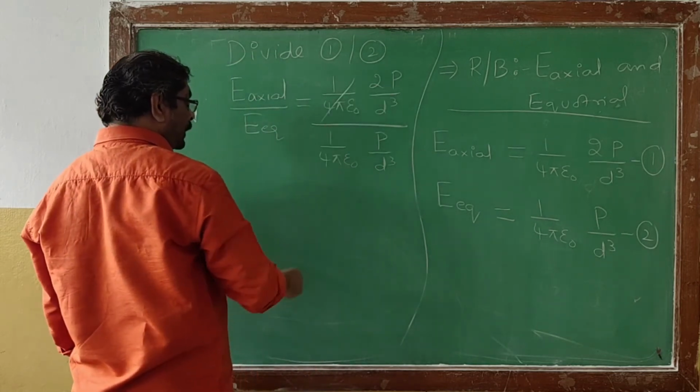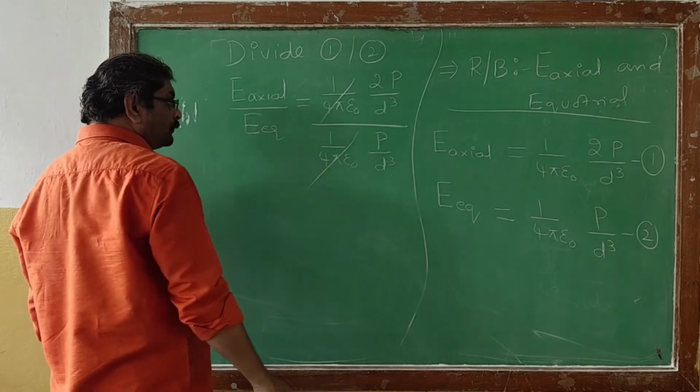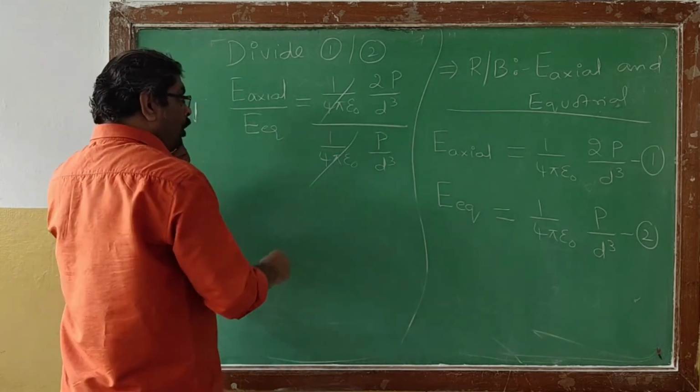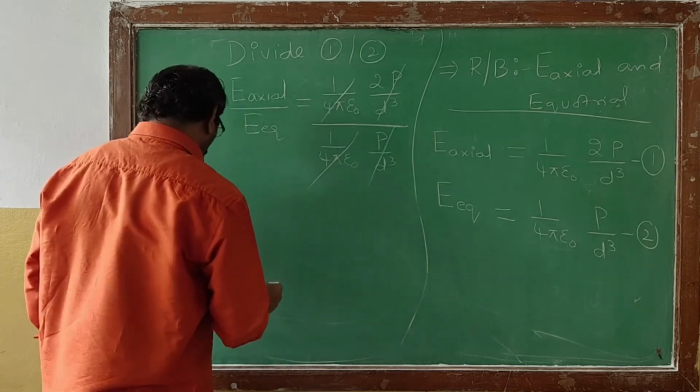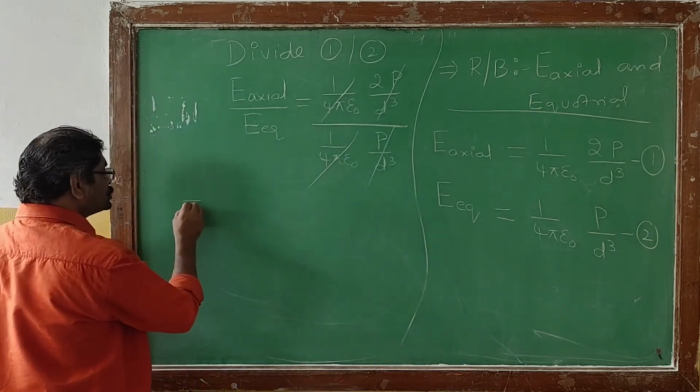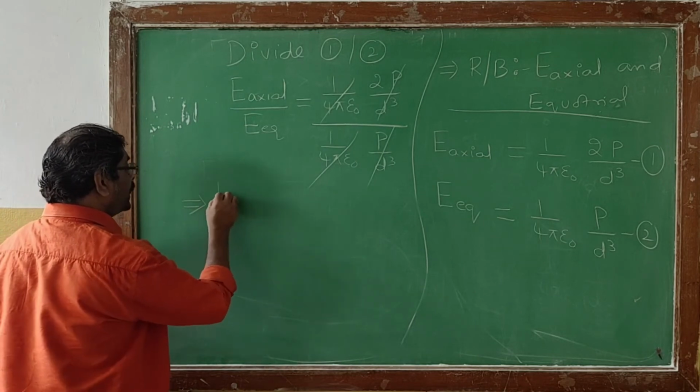So 1 by 4 pi epsilon naught gets cancelled, p by d cube gets cancelled. So what will be remaining?